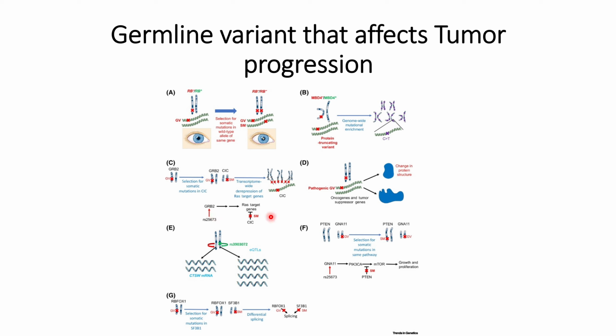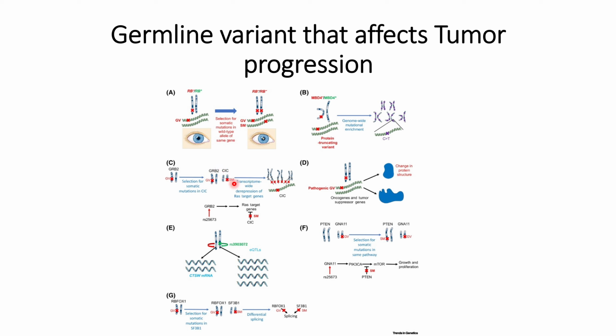The next kind of genetic variant is related to the upregulation of RAS target genes. In this, the gene GRB2 will get mutated, or there is a germline variant in the GRB2 gene, and because of the somatic mutation, this GRB2 gene will lead to downregulation of the final outcome, that is CIC.